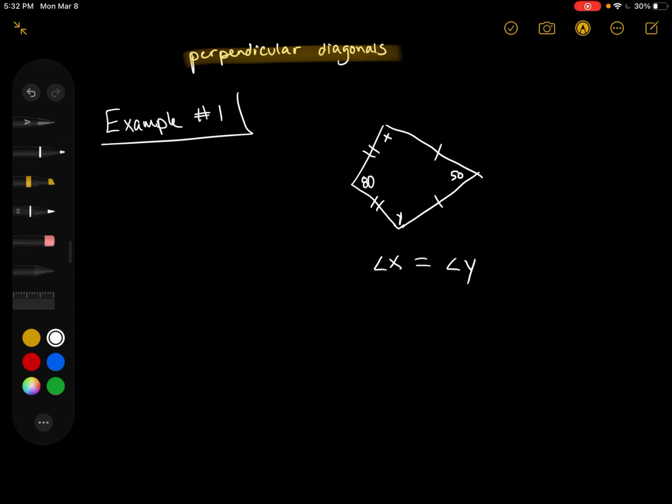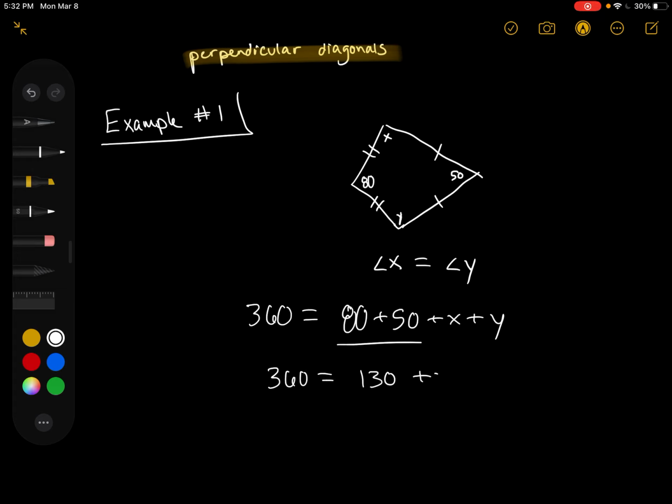So we can take that information and do a part plus part plus part equals whole. So it's a quadrilateral, all angles add up to 360. So 80 and 50 and X and Y, all of those things go together to add up to 360. Just like we did above, put those like terms together. Let's move everything over.